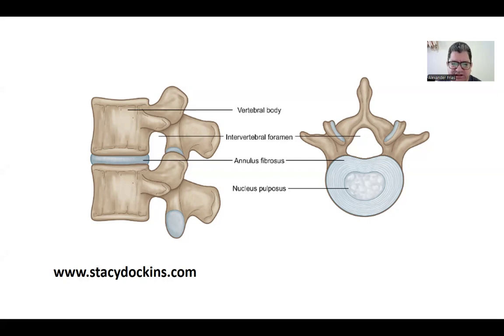What happens when the height decreases? Imagine the vertebra like a table with three legs. One leg is the vertebral body, the surface, and the other two legs are the facet joints. The facet joints join vertebra to vertebra and allow movement of the vertebral body when you flex or move around.